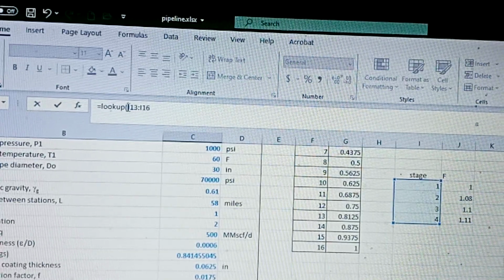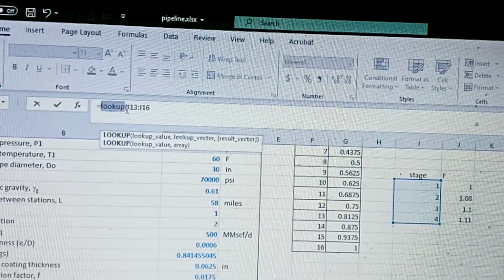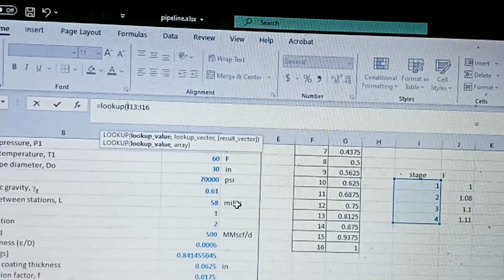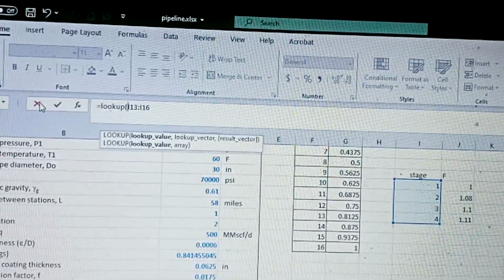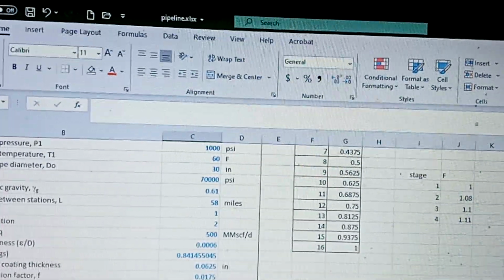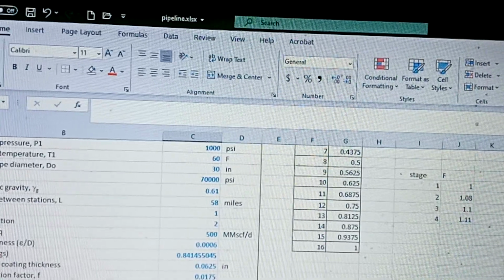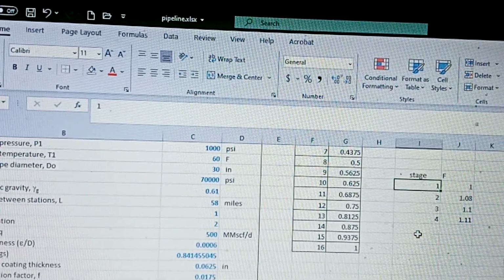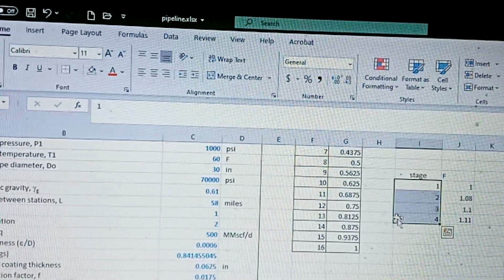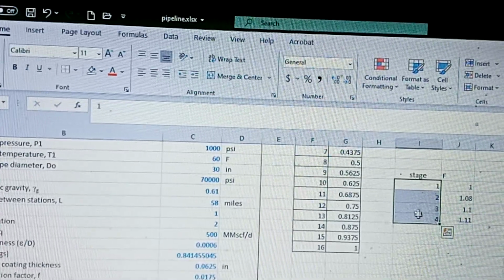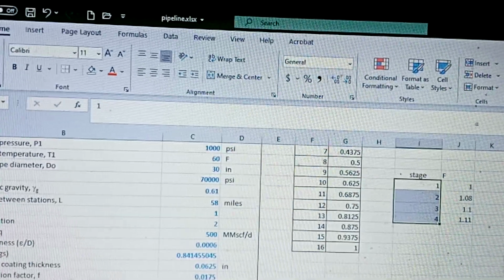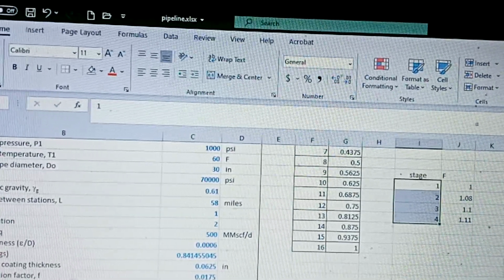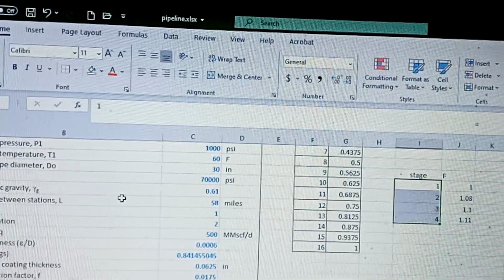Now, what is it going to look up first? It's going to look up where I put the stage. Let me start over again because I don't want you to get confused. Let me name this from here to here. I'm going to name it stage. The way you name it, you highlight all the numbers. You come to the left here where you see you highlight. Then you type the name you want.